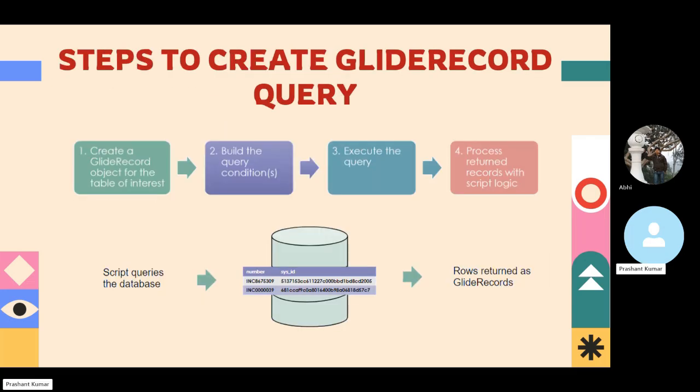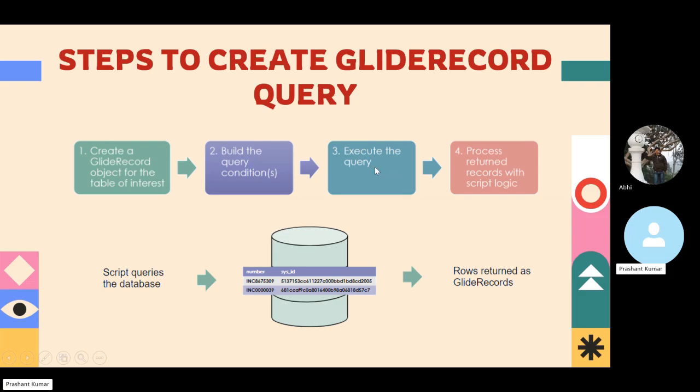Now, how can you create a GlideRecord query? The first part is to create a GlideRecord object: a GlideRecord object equals new GlideRecord and the table name. Then we build the query condition with addQuery.